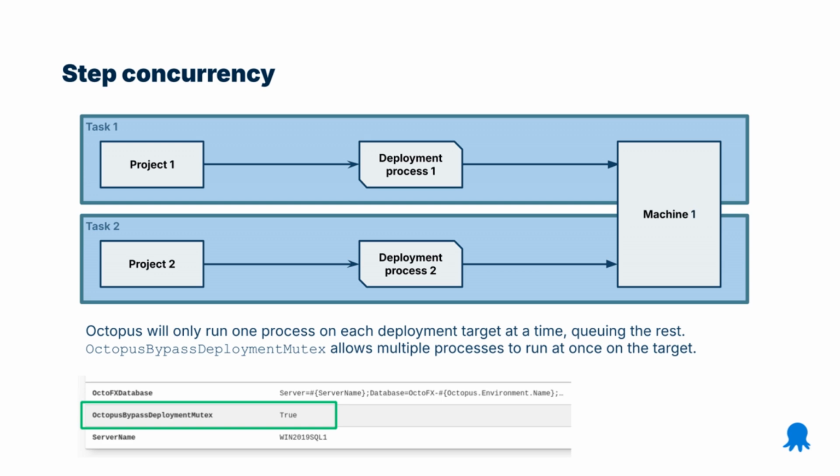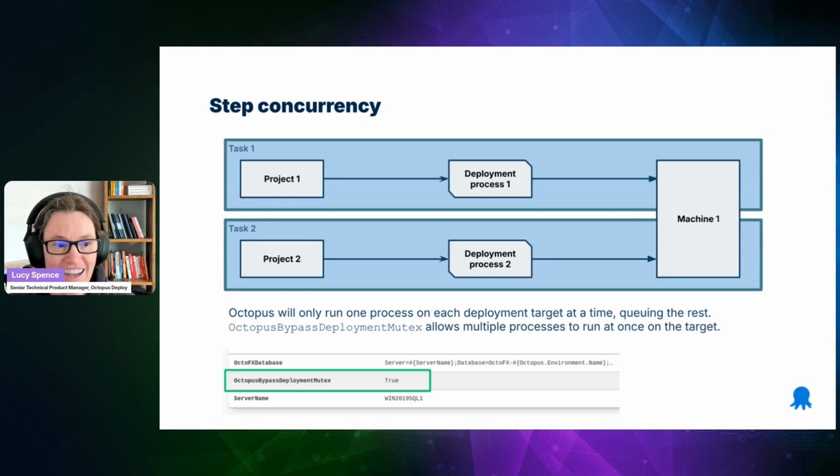We touched on this a little bit beforehand, which was the deployment mutex, which is where if you have multiple processes targeting a single machine, it will only execute one of those deployment processes at a time on that machine, or at least one of those steps, unless you say, actually, we know we've set our deployment processes up so that everything is uniquely identified and won't lock anything up, and therefore in this situation we can run more things.